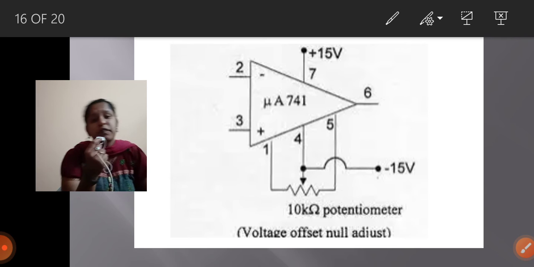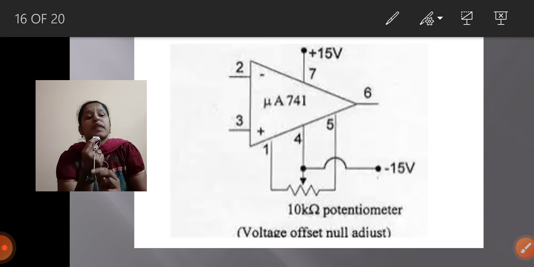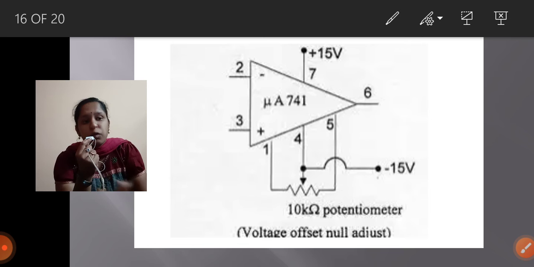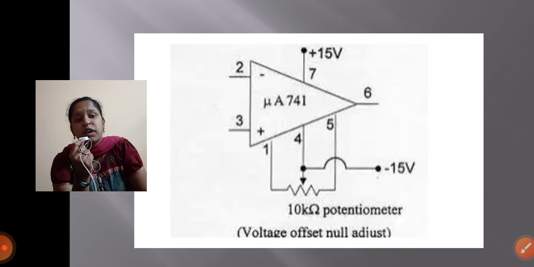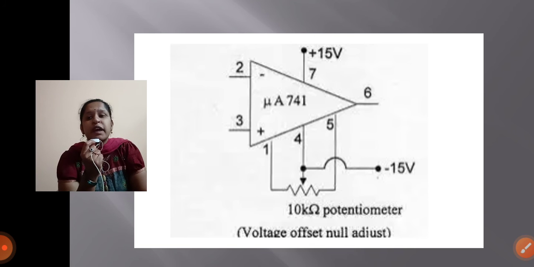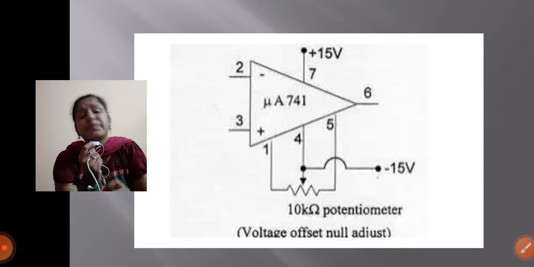Across pins 1 and 5 you have to connect the potentiometer with the help of the voltage source, and adjust the voltage to become 0 volt. Then we can start the experiment. Input voltage we have to adjust as 0.